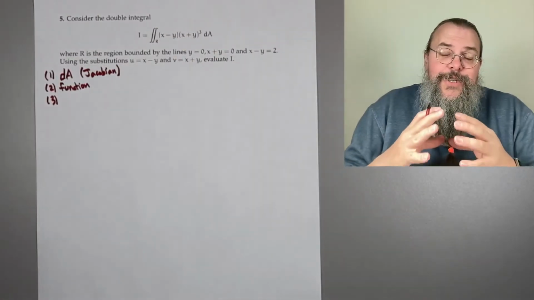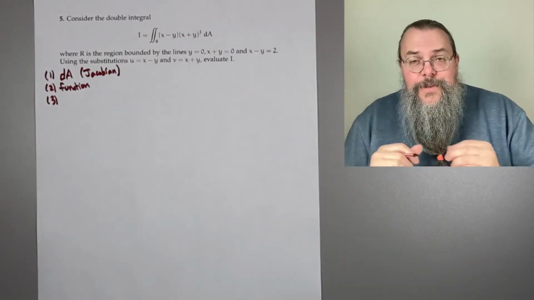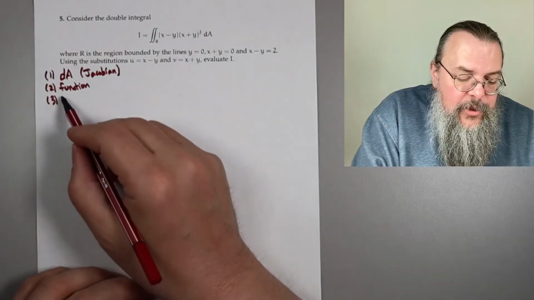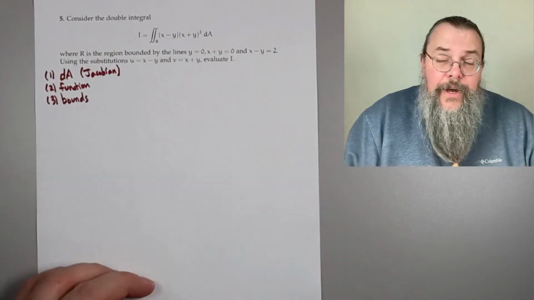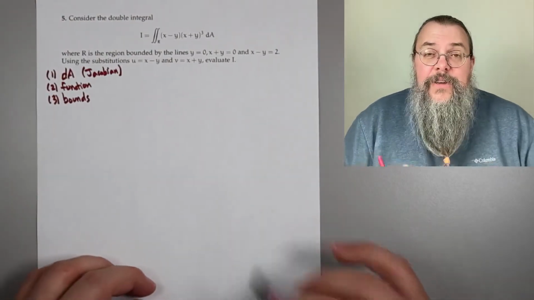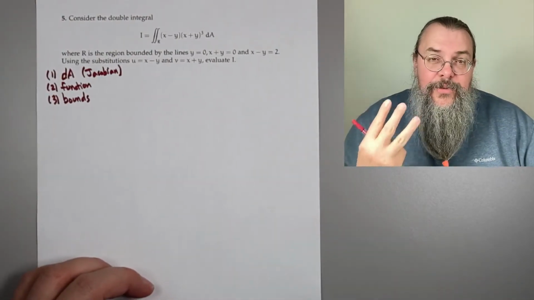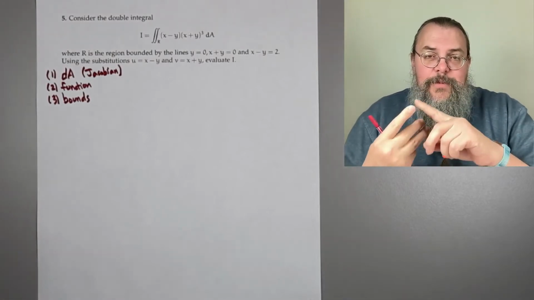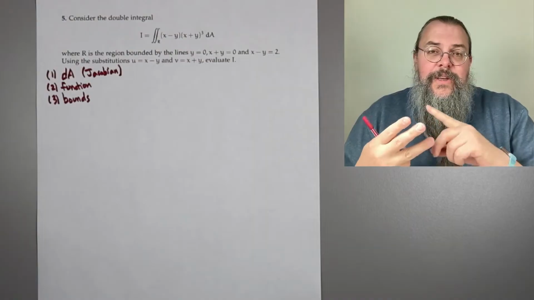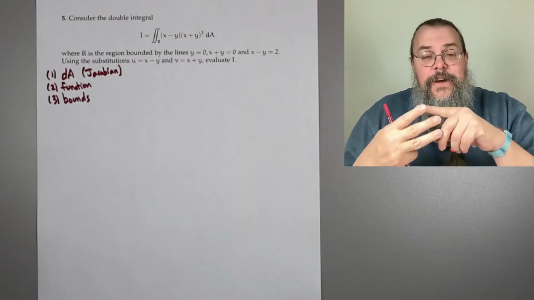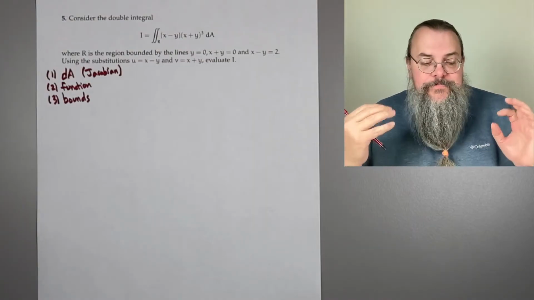We're going from a function of x and y to a function of u and v. And the third thing you need to think about are your bounds. How do you handle your bounds? So every integral always has those 3 things. How do you break things up? What is it you're integrating? What's your region, which is your bounds? So when we're changing, we have to make sure we account for everything.